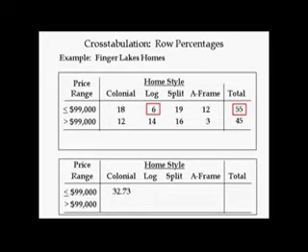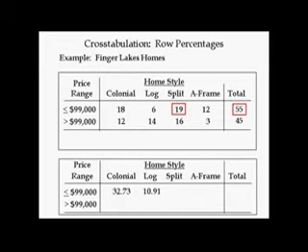The next row percentage in the top row is found by dividing 6 by 55. The resulting value can be interpreted as a probability of a randomly chosen home being a log given it is priced at $99,000 or less, which is equal to 0.1091 or 10.91%. The next row percentage in the top row is found by dividing 19 by 55.